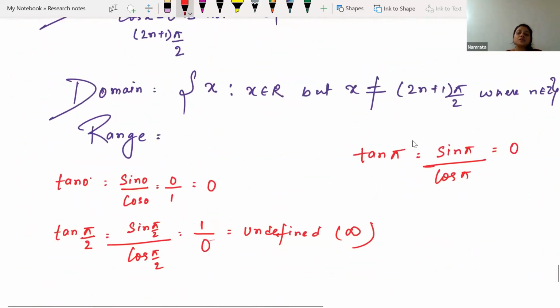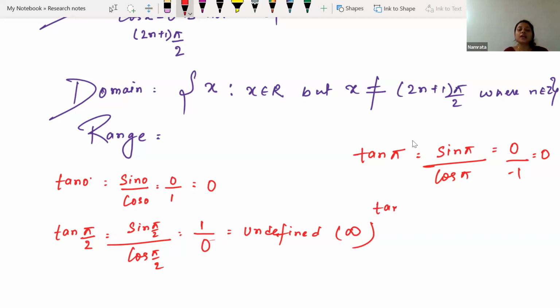So 0 by minus 1, again it's 0. 0 divided by any number will be 0 itself. Okay, but 0 in the denominator is not acceptable. If you have 0 in the numerator, then after the whole division you will end up getting the answer as 0.